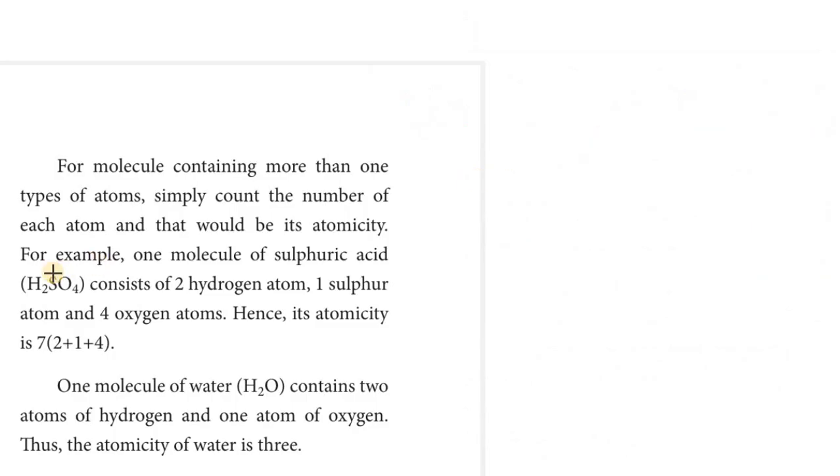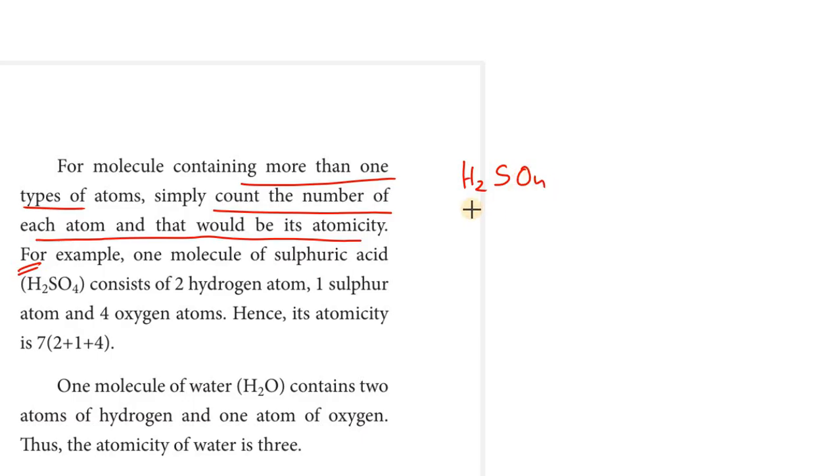Now for molecules containing more than one kind of atom, how do we calculate? Again, it's very simple. You just have to count the number of each atom, and that would be its atomicity. So let us take an example. One molecule of sulfuric acid, H2SO4, what does it have? 2 H atoms, plus 1 sulfur atom, and it has got 4 oxygen atoms, right?